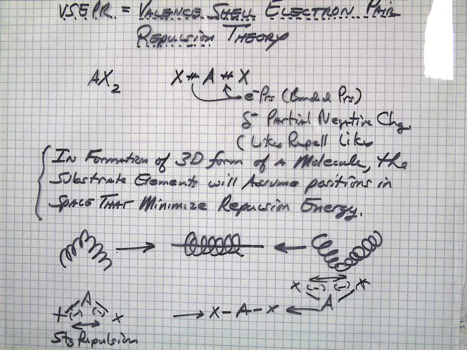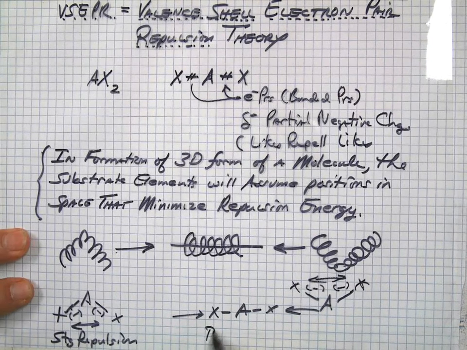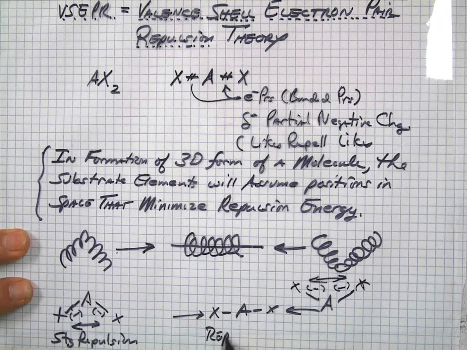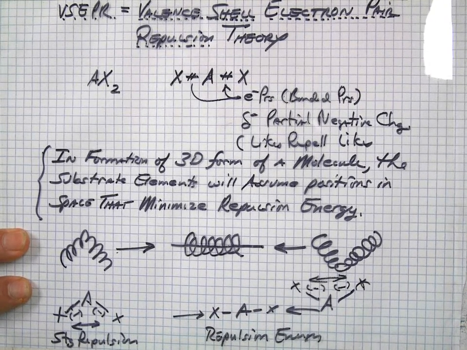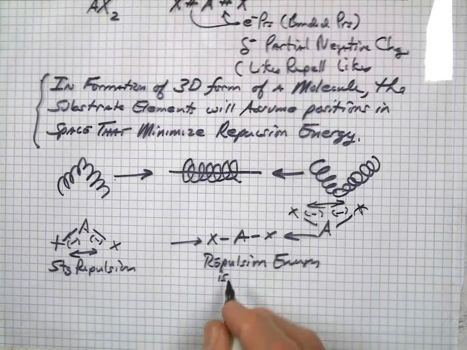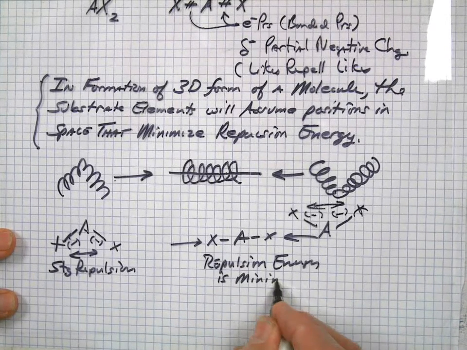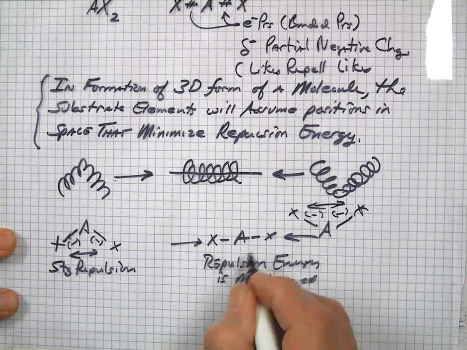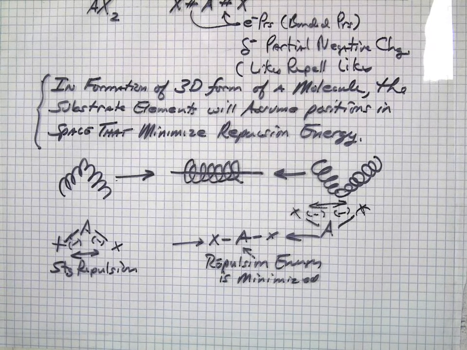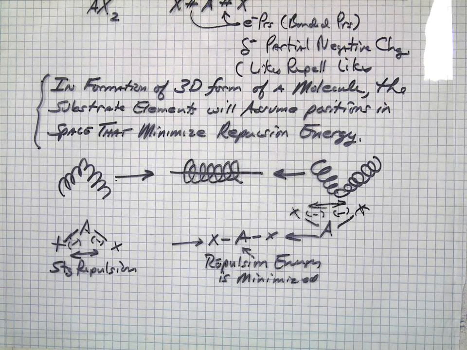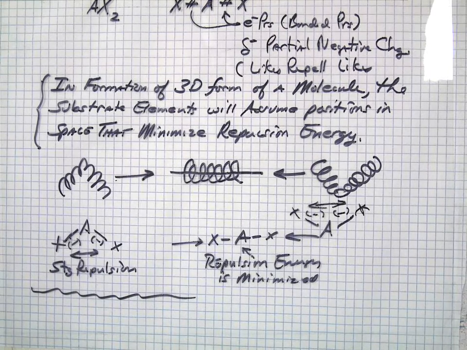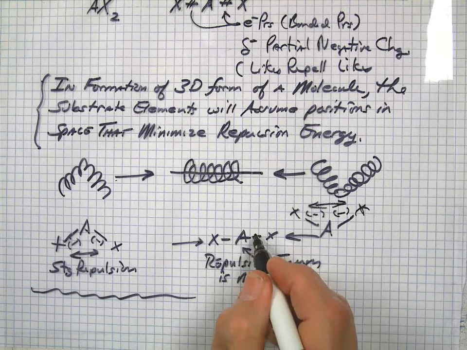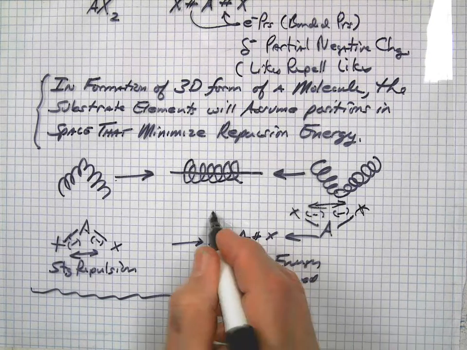And in this configuration, the repulsion energy is minimized. Right here. Now, what this leads to, and this is just the simple explanation of what we mean by electron pair. And of course, these are the result of valence electrons.